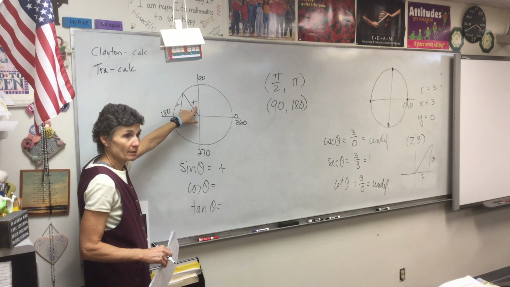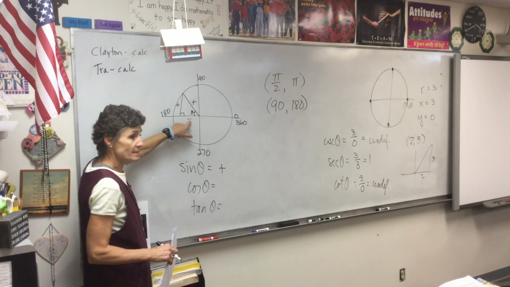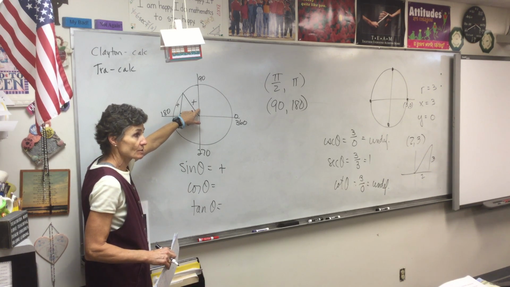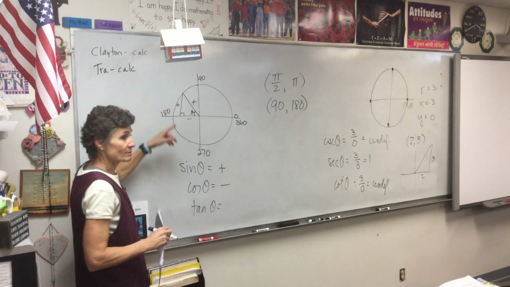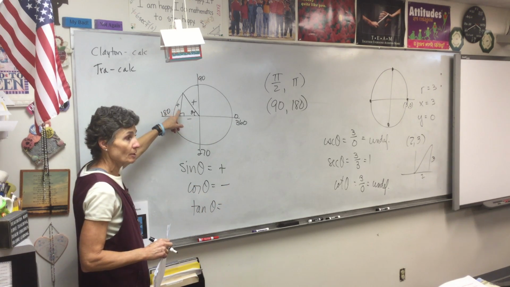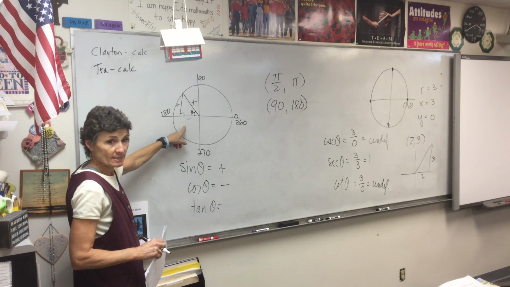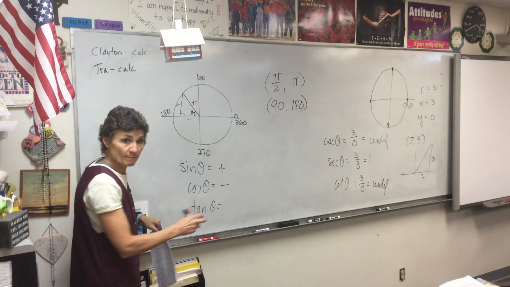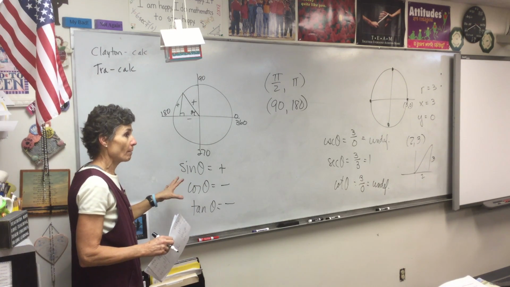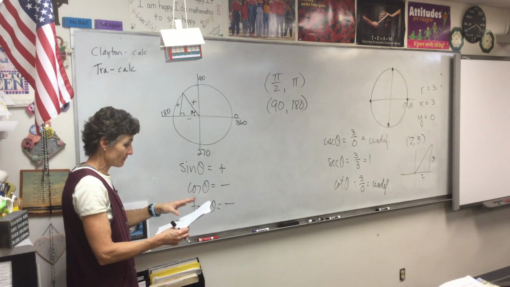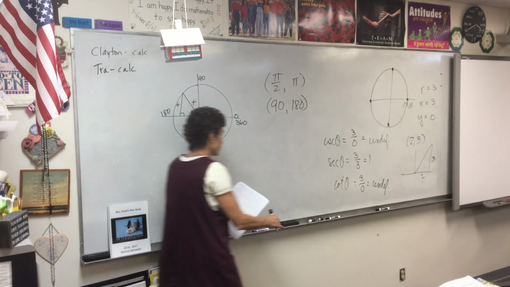Adjacent over hypotenuse. That's going to be negative, isn't it? And what about tangent? Opposite over adjacent. That's going to be negative. So that's all those problems want you to do, is say if it's positive or negative. Let's look at the next one.